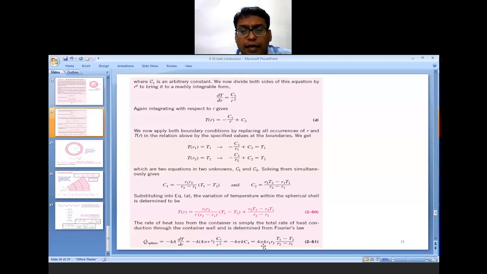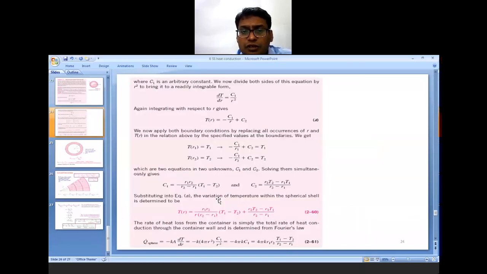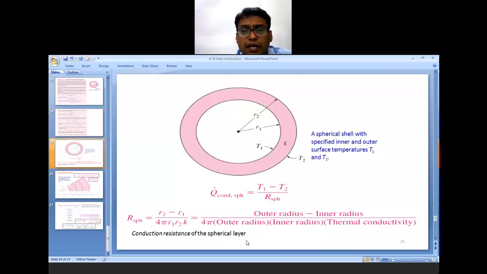So your equation comes as 4 pi k into R1 into R2 into the temperature difference upon R2 minus R1. So the resistance that will be there, from the same equation, the resistance to be taken out is the temperature difference upon the resistance.